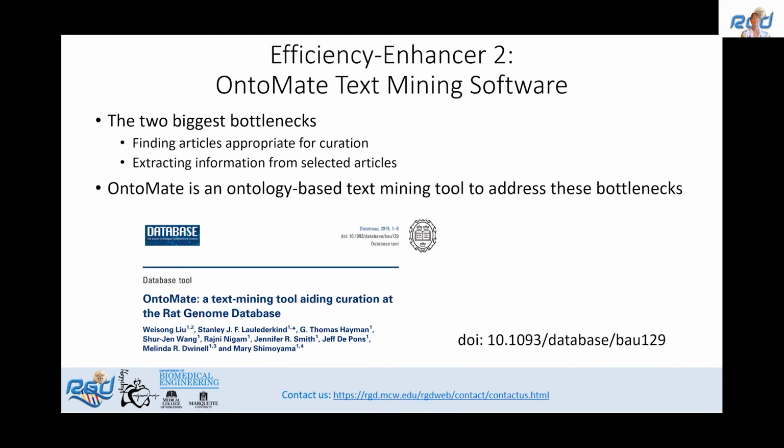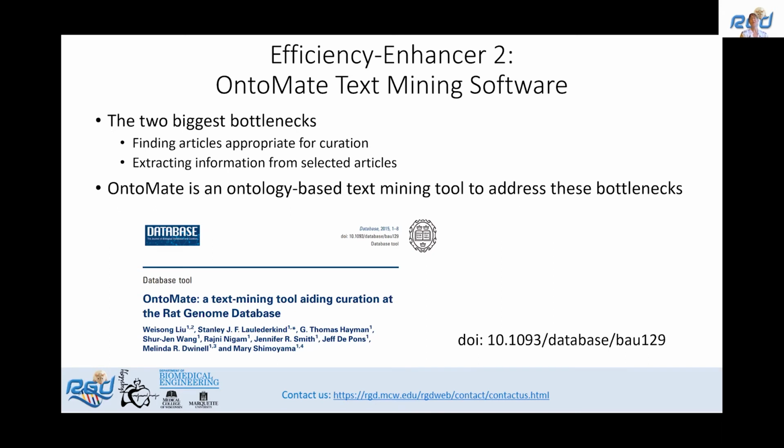So another major enhancement that we implemented was utilizing what we call Ontomate, and this is a text mining software. And really, we did this because, as you remember, I told you we do curation by a disease and gene focus, rather than looking at the entire corpus and then pulling things out that might be relevant. We start in with an idea of what we want first.